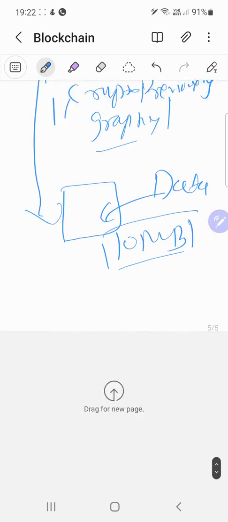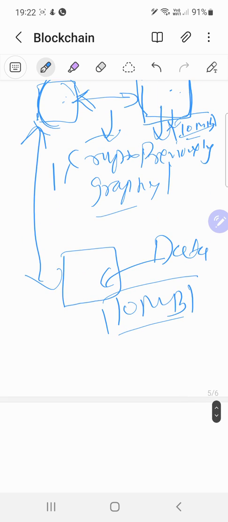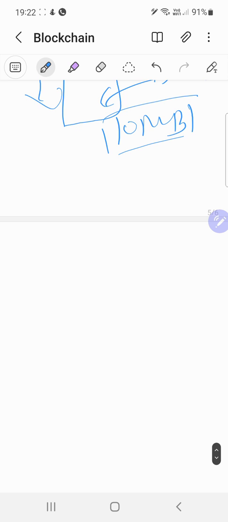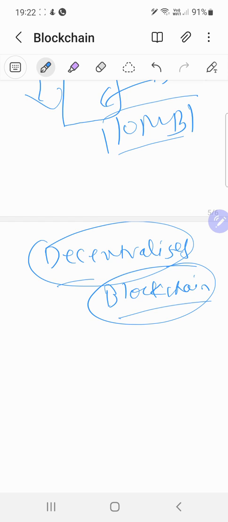Now one thing that I want to discuss very briefly here is how blockchains make sure that our records are safe. There is a very nice property of what we call a decentralized blockchain. What do we mean by decentralized blockchain? When we create a distributed database in this fashion, in a decentralized blockchain fashion, with each block we fix a timestamp.